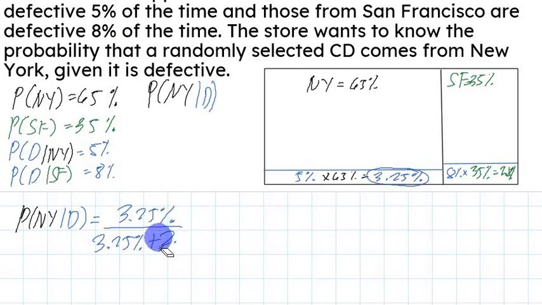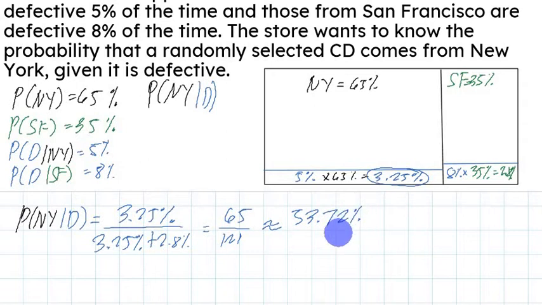Maybe I should have written this in blue also, since anyway they're all defective, 2.8%. And that will give me an exact fraction of 65 over 121, or in percentage, so it's easier understood, around 53.72%. That means there's a 53.72% chance that given that the CD is defective, it's from New York.